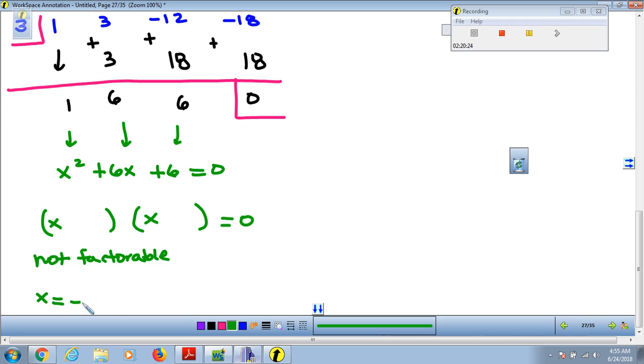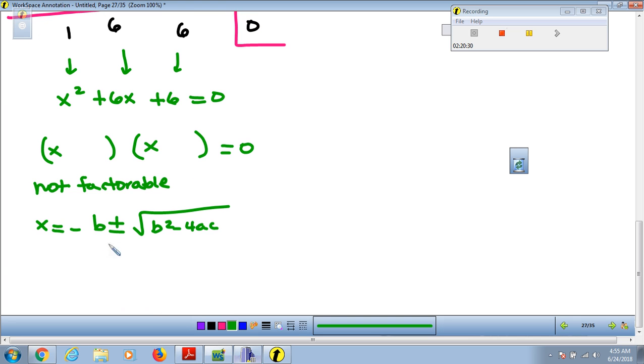So x equals negative b plus or minus the square root of b squared minus 4ac, divided by 2a. a is 1, b is 6, c is 6.